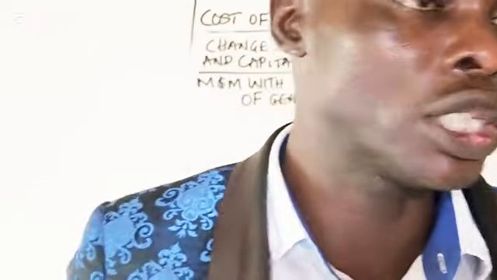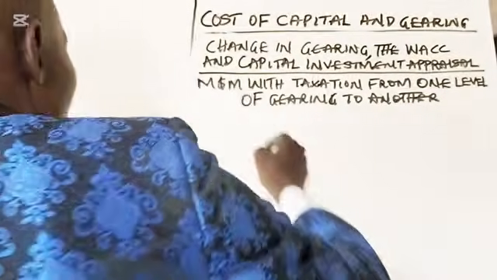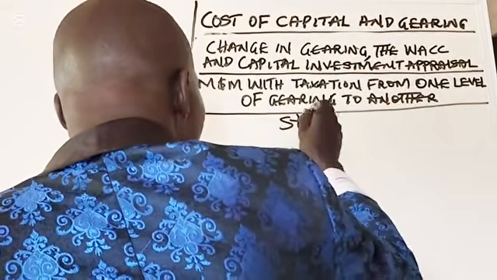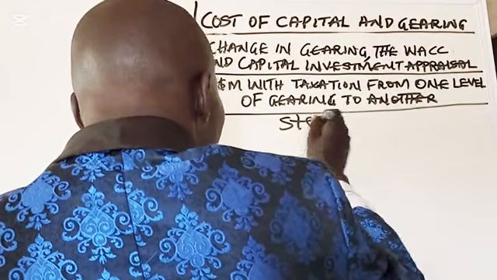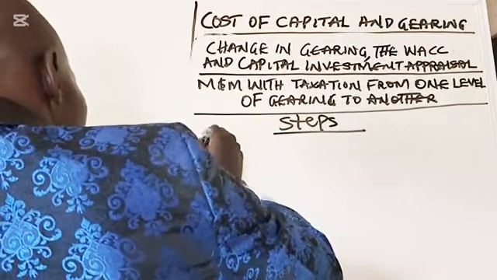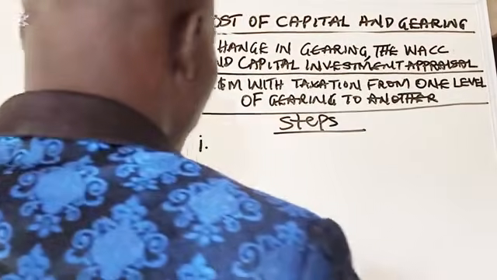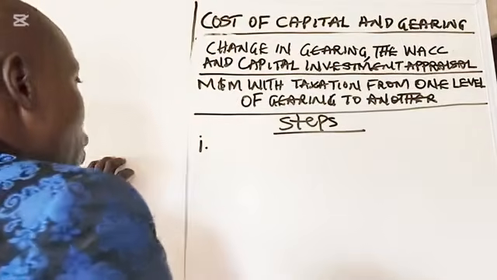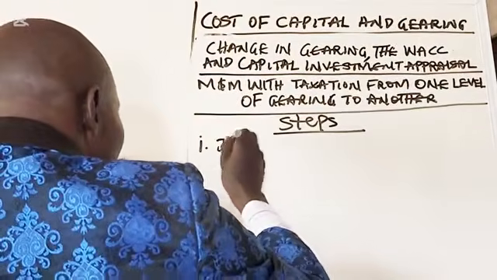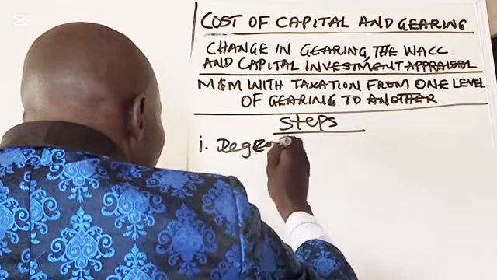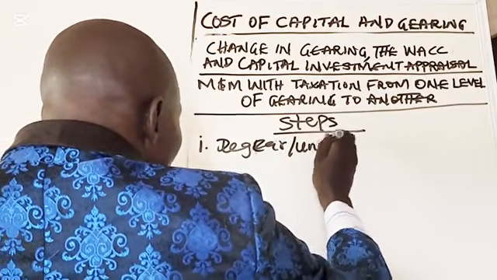So steps to follow in calculating the WACC that will be used in project appraisal when a business or project changes gearing. Step number 1, you de-gear, or you ungear.